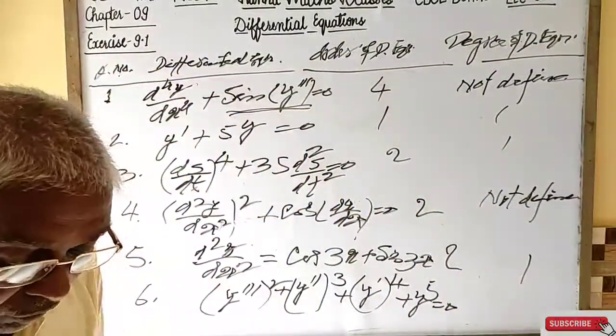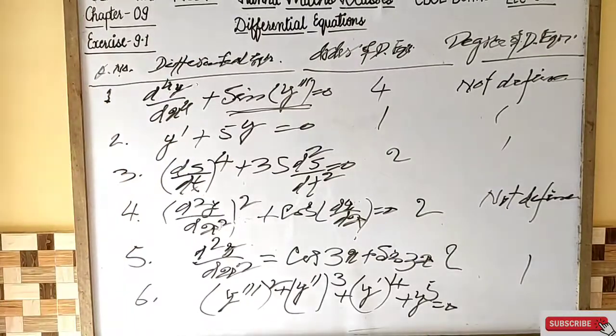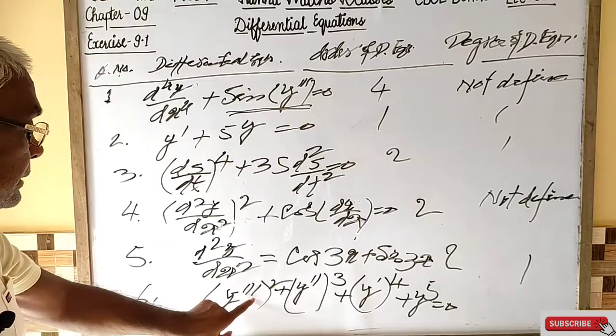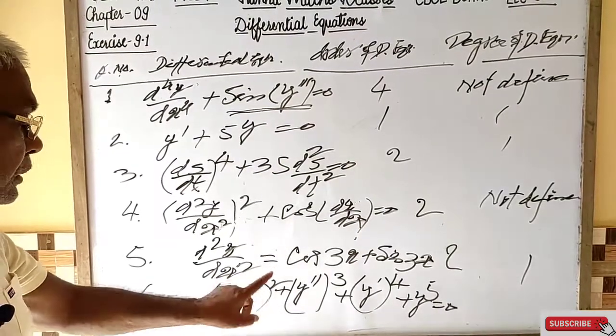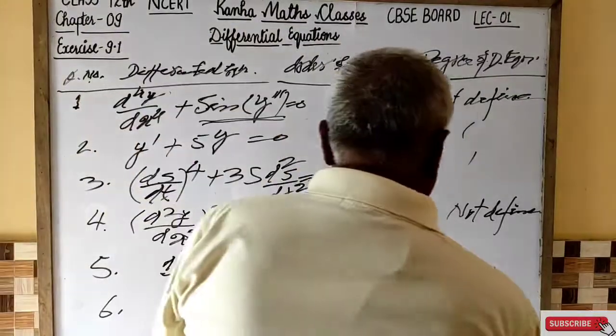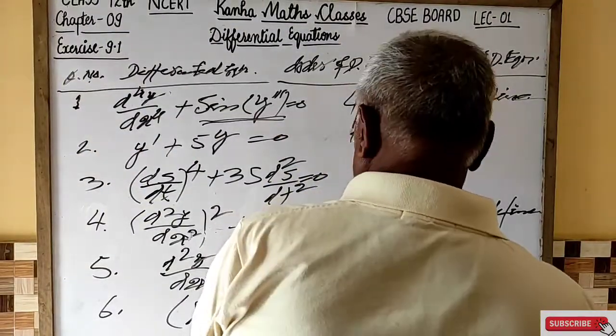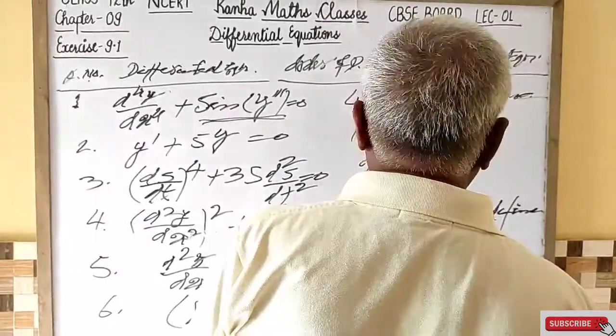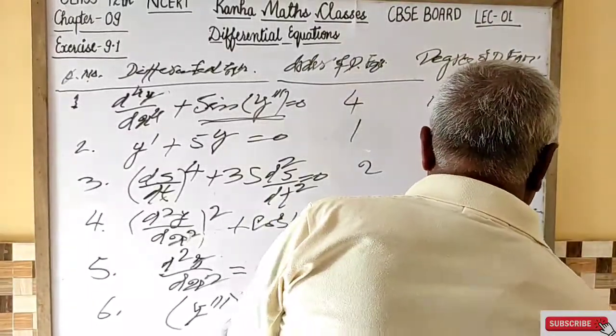Here in this differential equation, we clearly observe that y triple dash means d cube y upon dx cube, raised to the power 2. The order of the equation is 3 and its degree is equal to 2.